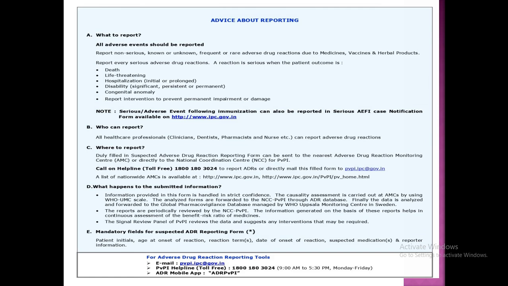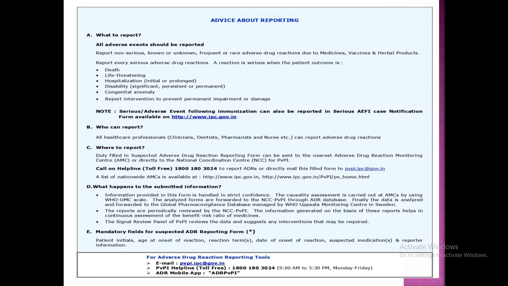The causality assessment is carried out at AMCs by using the WHO Uppsala Monitoring Center scale. So whether the drug actually caused the ADR or not. The adverse event can be due to any disease condition or food or anything.